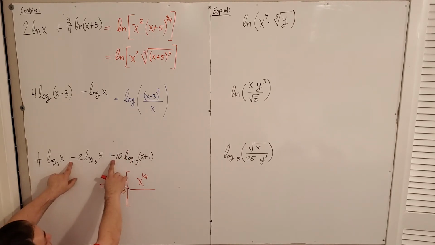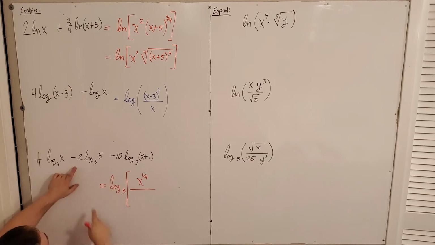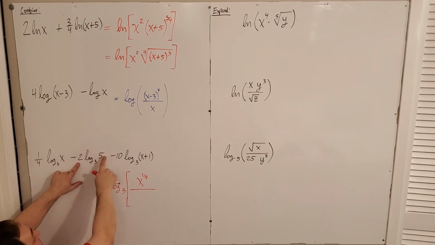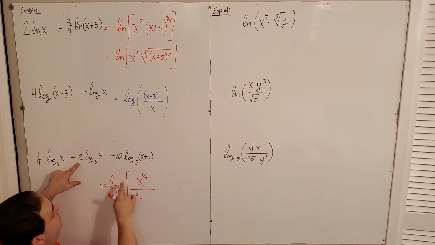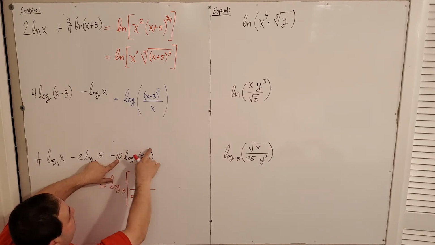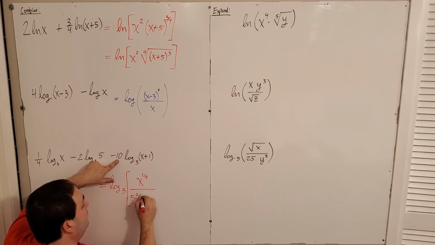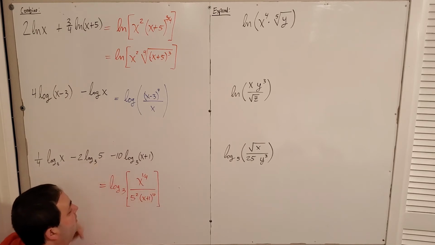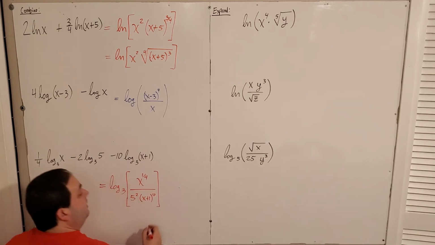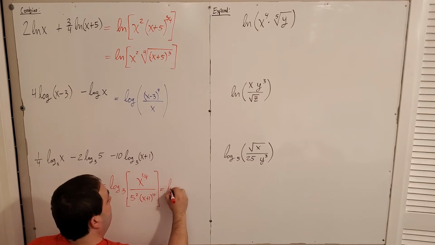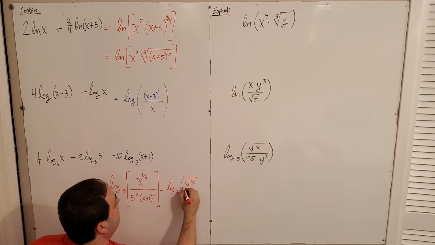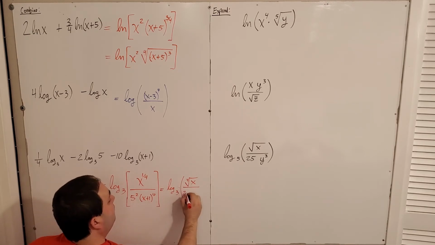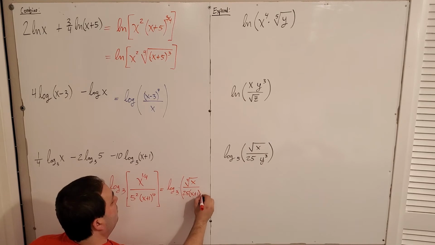And then my 2 negatives mean I'm going to put both of these in the denominator. I have 2 as a power on 5, so 5 squared times x plus 1 with a 10 power, like so. Okay, so we can simplify that. Log base 3 of the 4th root of x over 25 times x plus 1 to the 10.